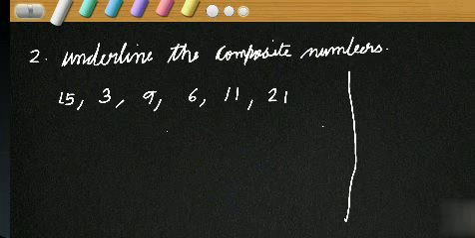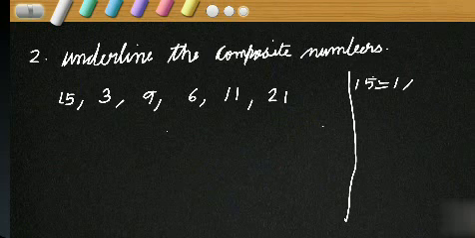So let's consider 15. Is 15 a composite number? How to check? Which are the factors of 15? Surely 15 can be written as 1 into 15. What about other factors? Yes, 3 5s are 15. Anything else?